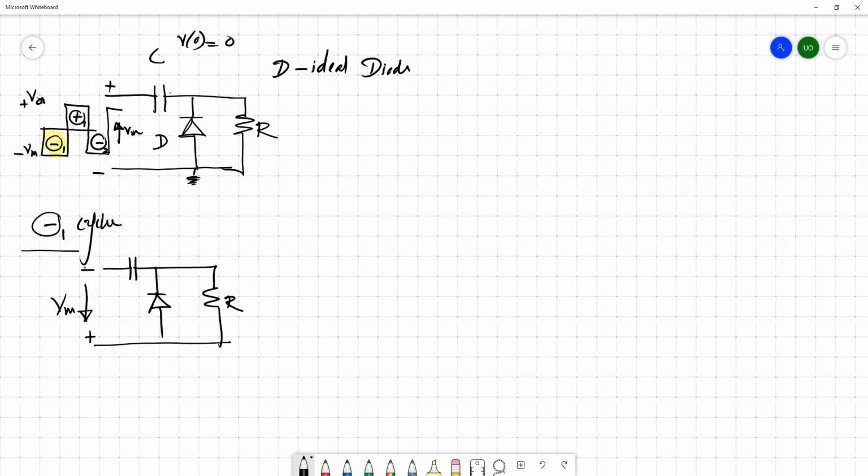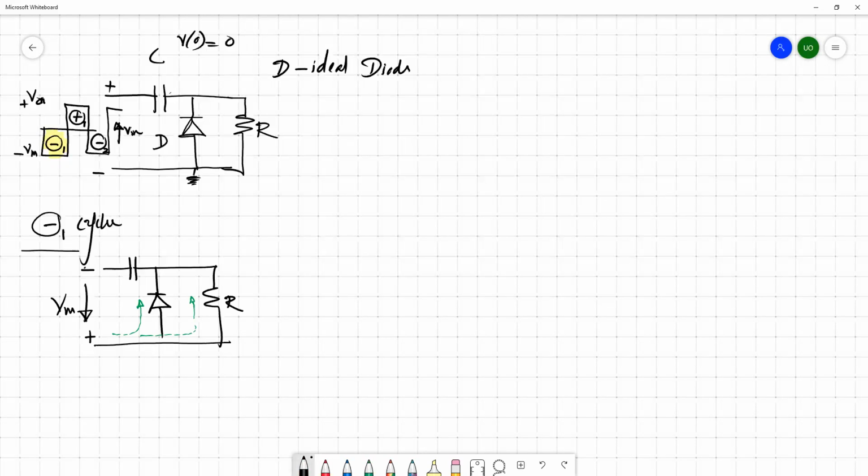Now we have a diode. By looking at this, you can identify two paths. One is through the diode, and the second one is through the resistor. This capacitor gets charged.